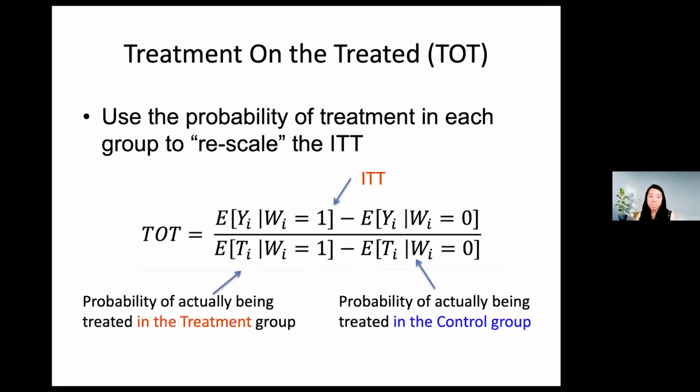So if we write the equation out, the TOT is the average effect between the two groups, which is ITT, divided by the difference in the probability of actually being treated in the treatment group and in the control group.